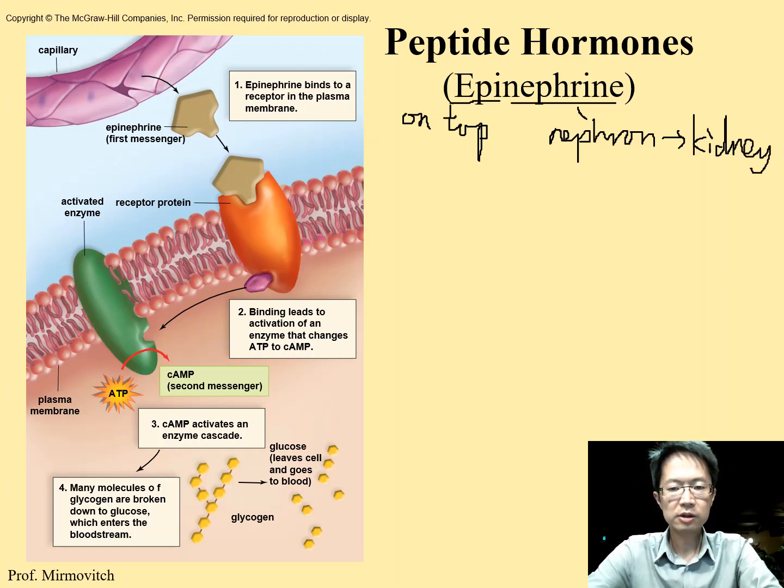In other words, epinephrine means that it is a peptide hormone secreted on top of a kidney. What is the organ on top of the kidney? Adrenal gland. The adrenal gland is on top of the kidneys.